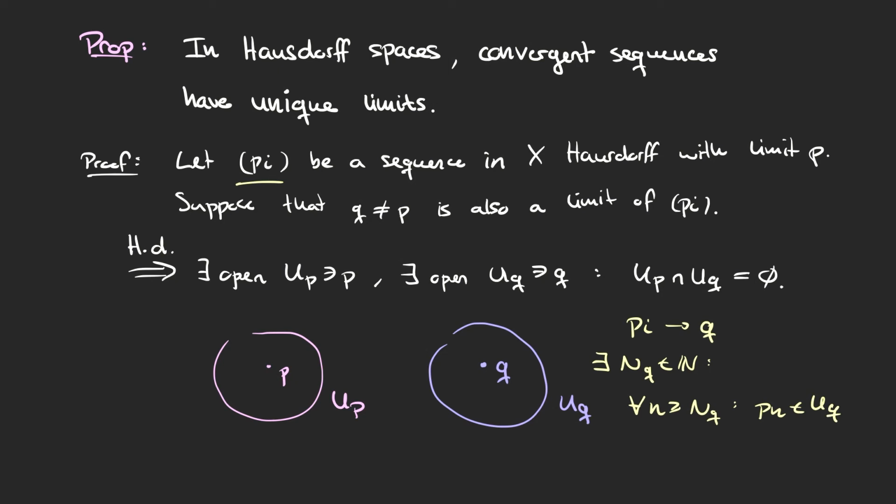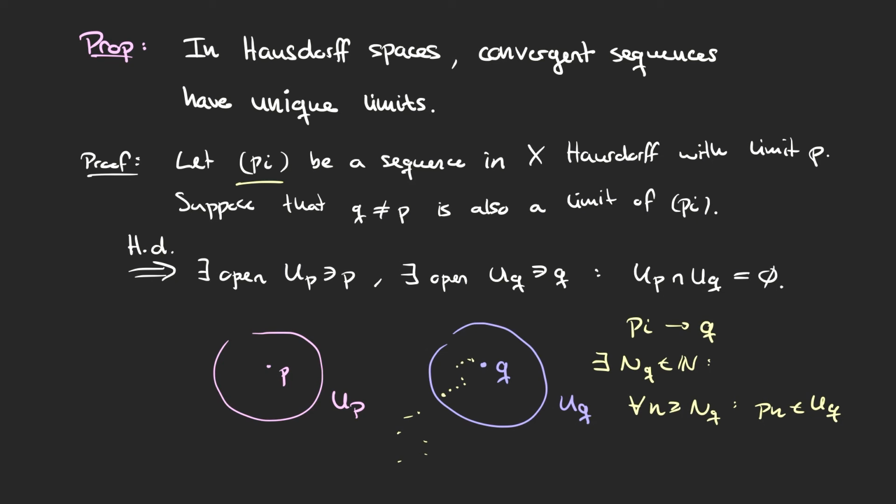So this is just applying what it means for the sequence P_i to converge towards Q in the specific case where we look at the open neighborhood U_Q. So in our picture, P_i will be doing some stuff, but eventually, after N_Q, it'll lie completely within U_Q.